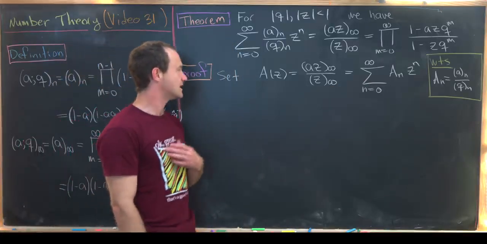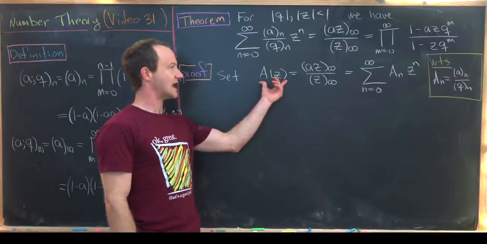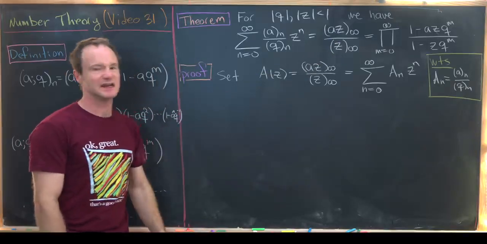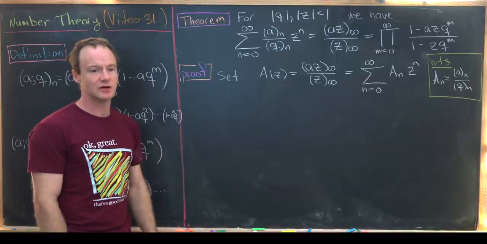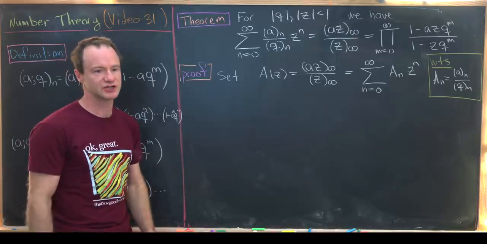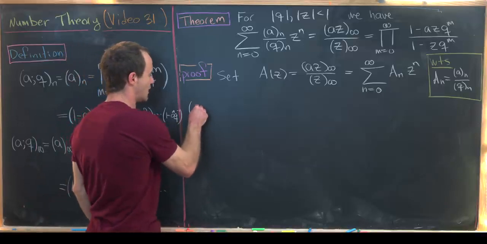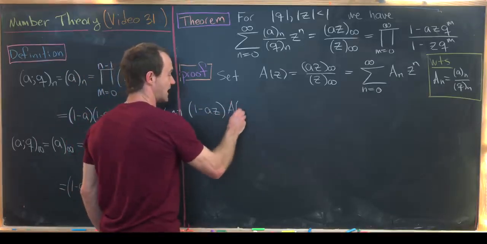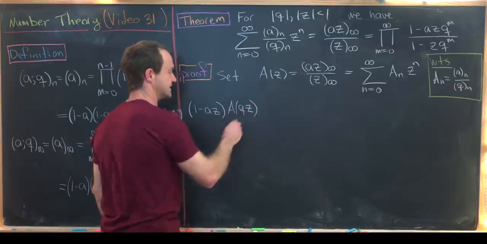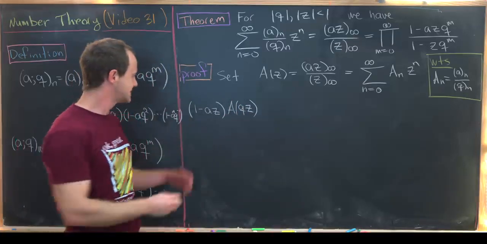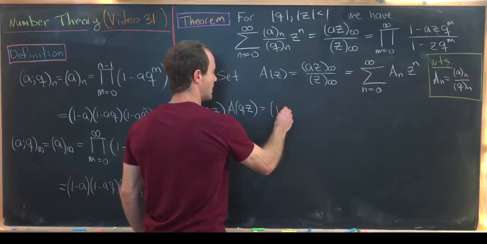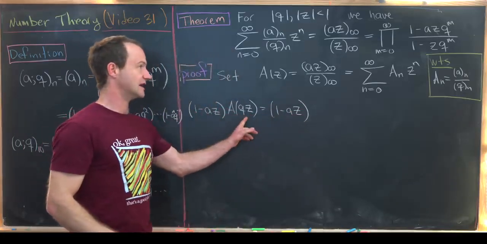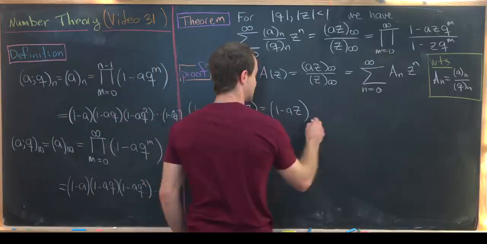And we can do that by multiplying this A(z), which is this product form of our would-be identity, by a couple of different things and noticing that we've got some sort of relationship here. So let's take 1 minus little az times A evaluated at qz. Okay, so let's see what we've got. This is going to be 1 minus az, and then we'll rewrite this A evaluated at qz using this infinite product.